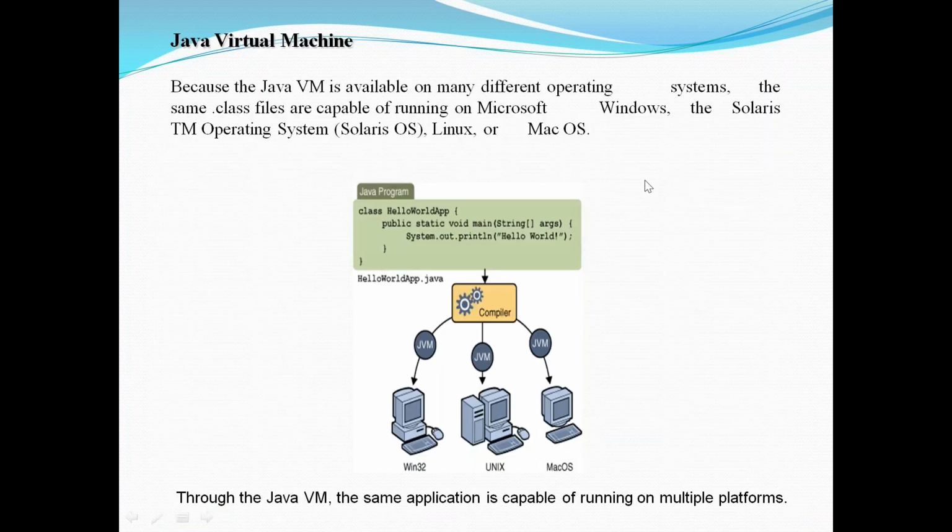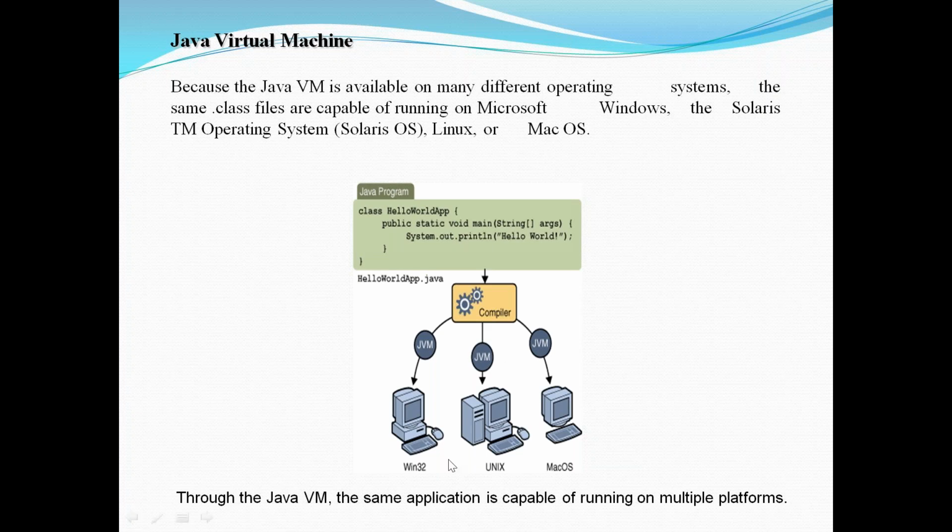As we discussed earlier, when you compile a Java program, a class file or bytecode is created. Java has one feature that is called portability. Java is a platform independent language. Platform independence means a Java program can be run on any platform.